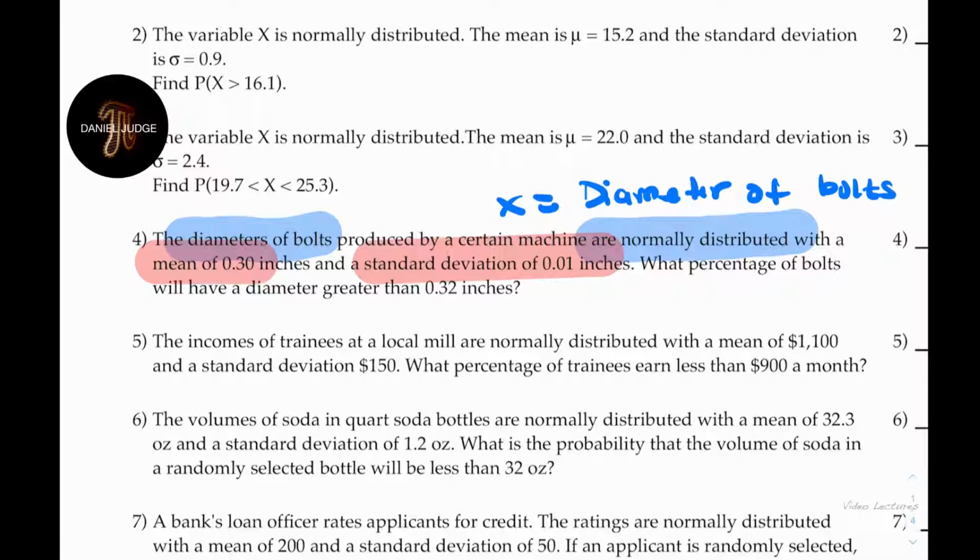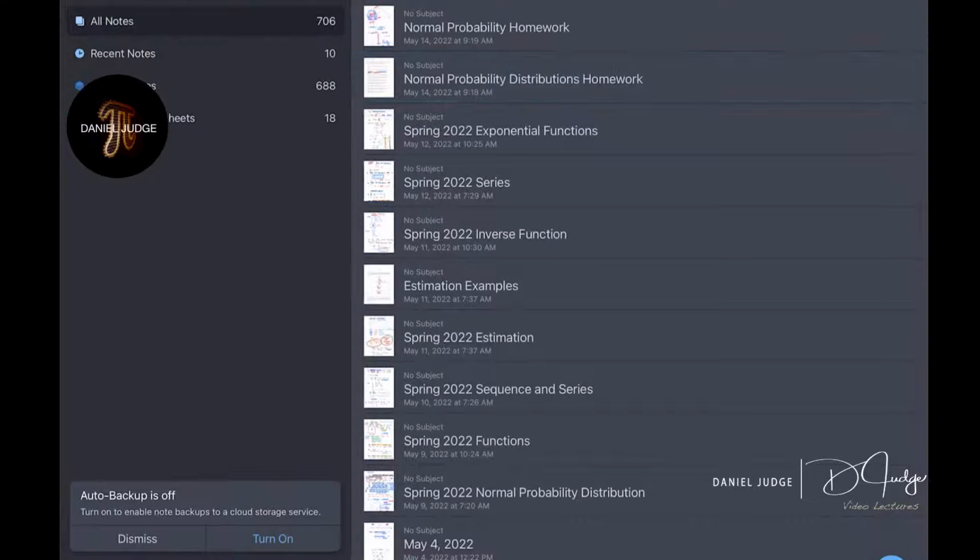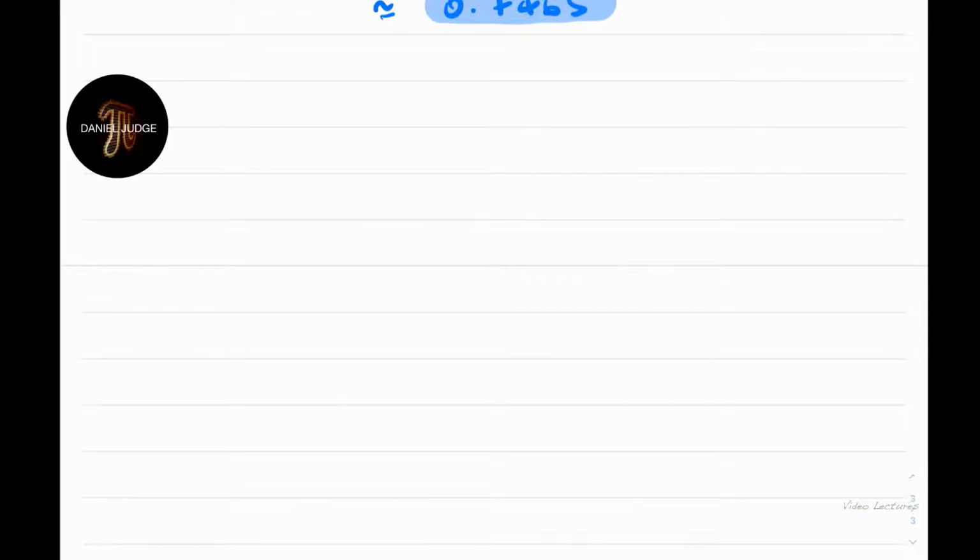This is number 4. The mean is 0.3 inches. Standard deviation is 0.01 inch.